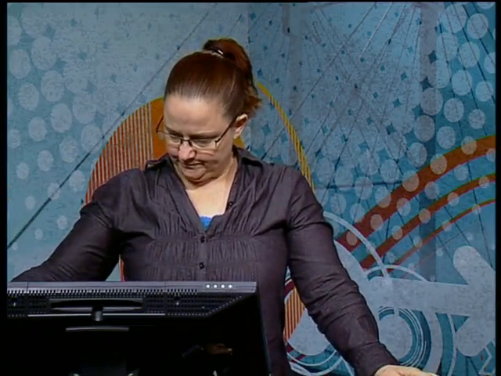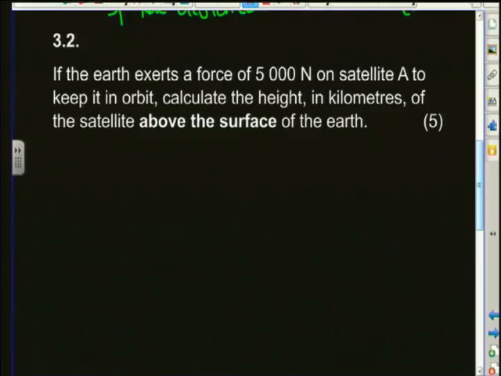Okay, so let's go into the equations, because I know this is where life gets a little interesting. If the Earth exerts a force of 5,000 newtons on satellite A to keep it in orbit, calculate the height in kilometers of the satellite above the surface of the Earth.